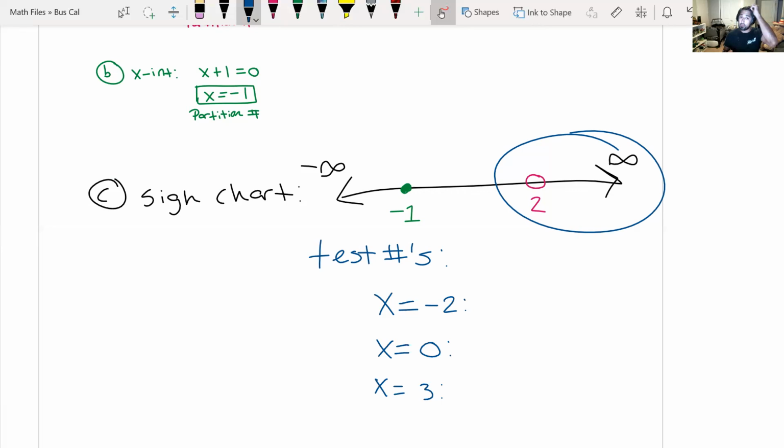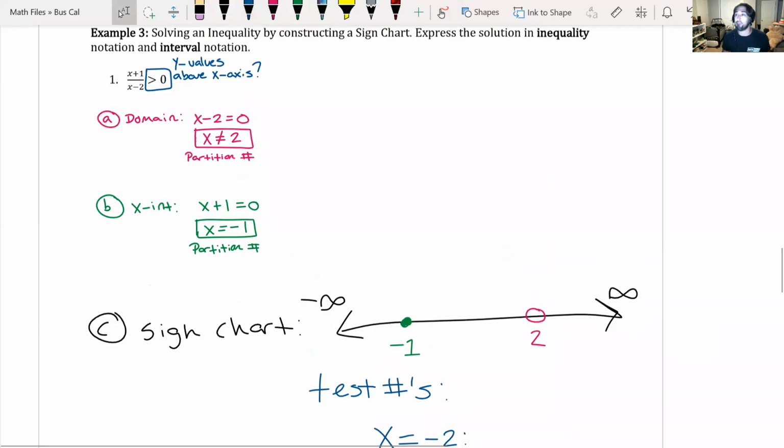Okay, so now we have our test numbers. We will now take these test numbers and plug them in to the original function. And all we care about is the sign of the output. So is it going to be a negative or positive output?